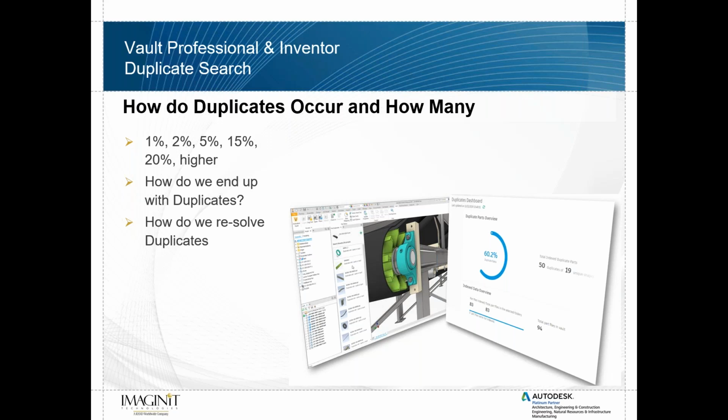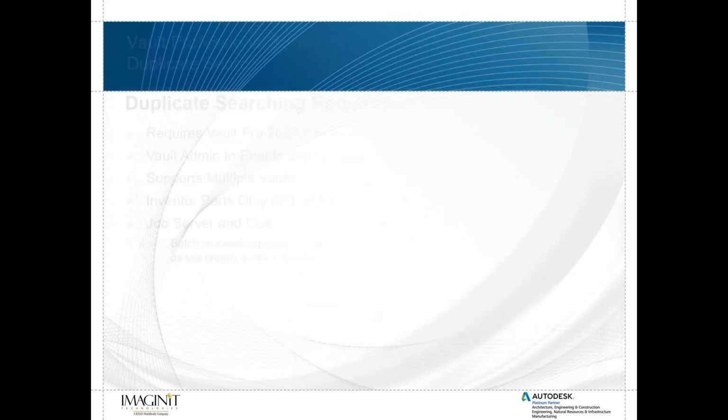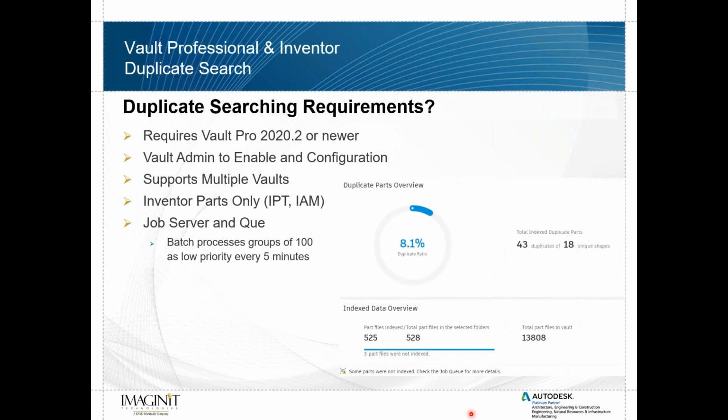Again, another powerful tool where you can replace a component across multiple assemblies using the Vault client. Excellent feature, but again, we have to manually determine what may be duplicate. So we now have the duplicate feature inside of Vault, and let's just chat a little bit more about that, and we'll get into a little presentation on that.